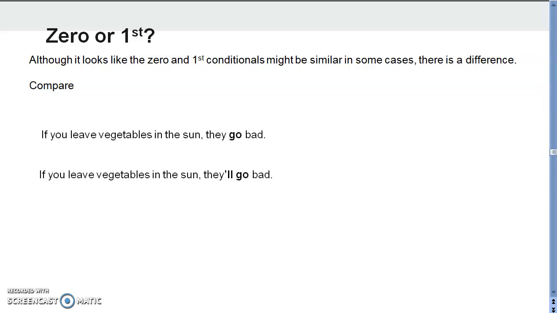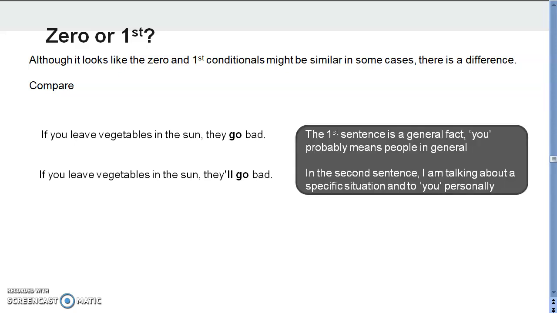Compare these sentences. The first sentence here is a general fact, and you are probably talking about people in general. In the second sentence I'm talking about a specific situation and talking to you personally. If you do this, that will happen. So it's more specific. It's a first conditional.